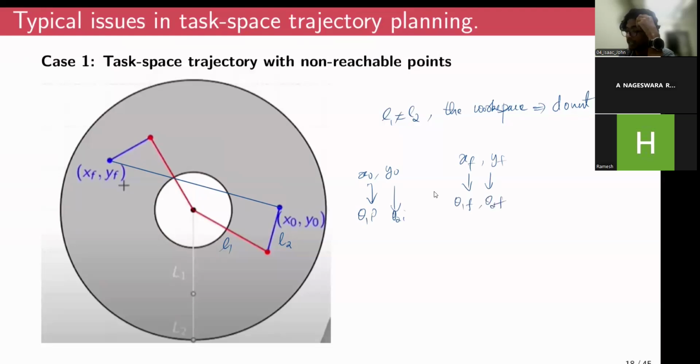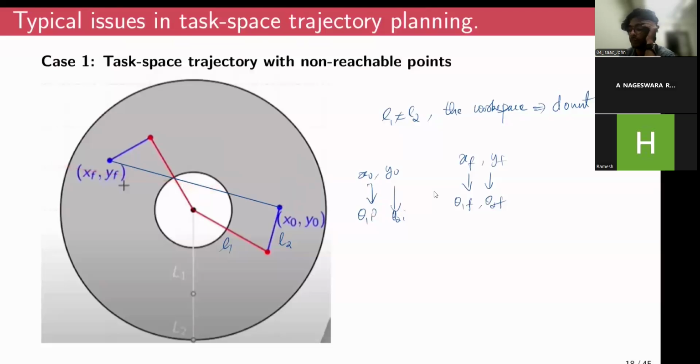And maybe you can do a straight line interpolation between theta 1i and theta 1f, theta 2i and theta 2f, instead of x0, y0, xf, yf. So in task space, the trajectory would look something like a curve, so that it won't go outside this boundary.